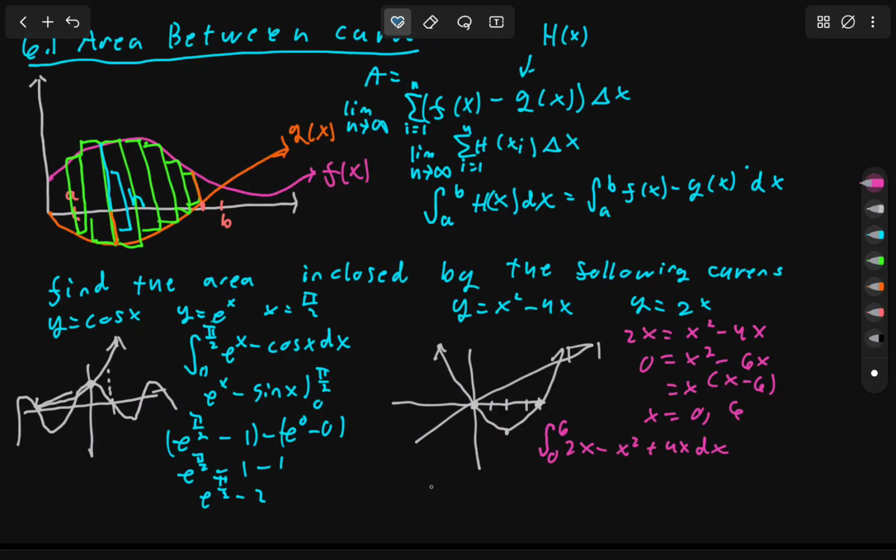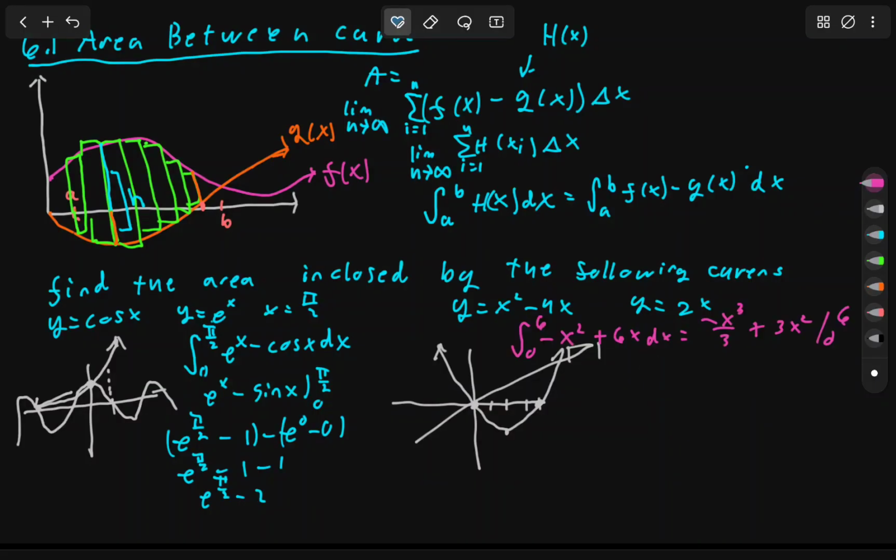So we are now going to be taking the integral from 0 to 6 of negative x squared plus 6x dx. Integrating this now, we get negative x cubed over 3 plus 3x squared, evaluated from 0 to 6.